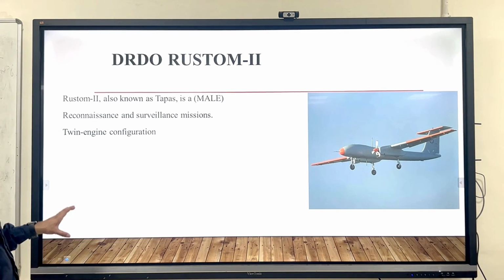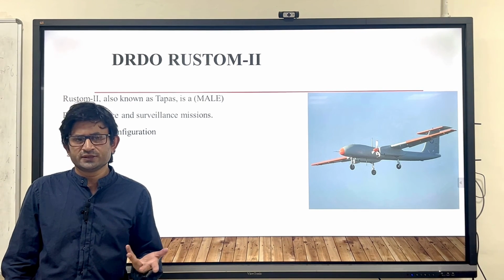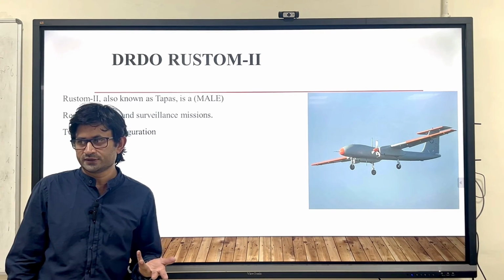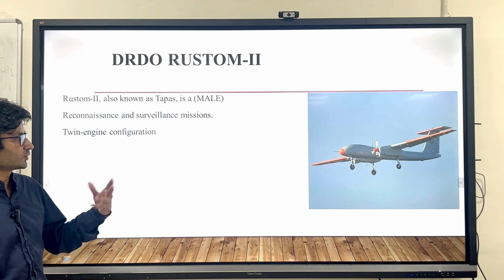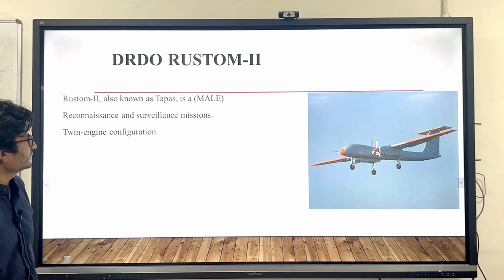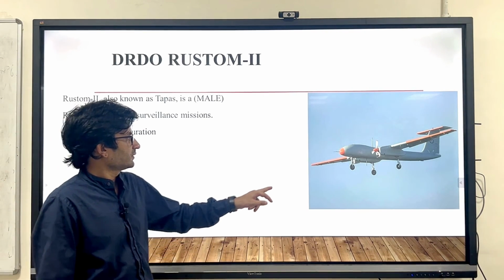And this is DRDO Rustom. The weight class was initially designed for about 1,800 kg, and it is now crossing 2,000 or 2,200 kg. It is used for surveillance missions. It is also known as Tapas, and it has a twin-engine configuration.